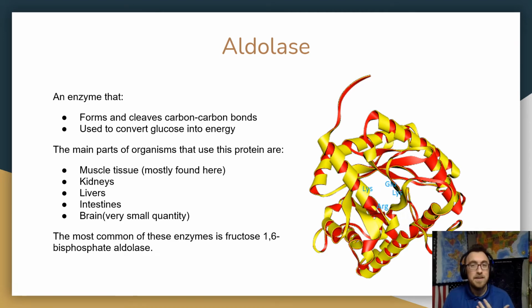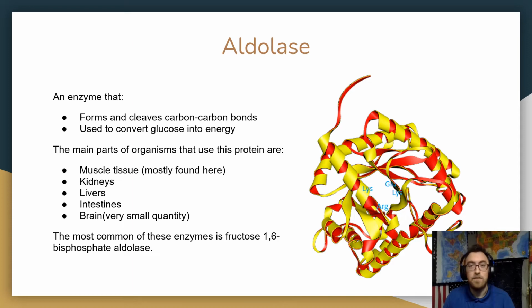There are many different types of aldolases with different substrates and products. The most common of these is fructose 1,6-bisphosphate aldolase, which is also commonly called simply aldolase. Because it is so common, all the other aldolases must be specified in order to avoid confusion.